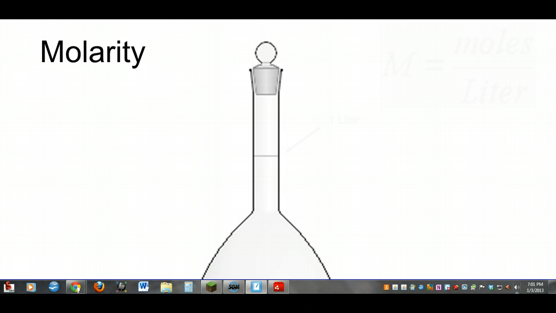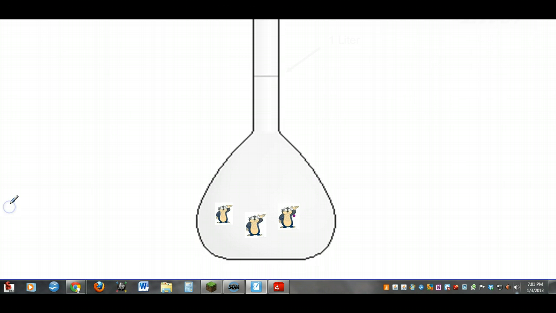If we look at this solution here, you see this is a 3 molar solution. It was made by taking 3 moles of this solute. See, look at them down here. Don't they look like they're soluting? And after you took the 3 moles, put them in here, you filled this container up with water to the bottom of the meniscus so that you have exactly 1 liter of solution.